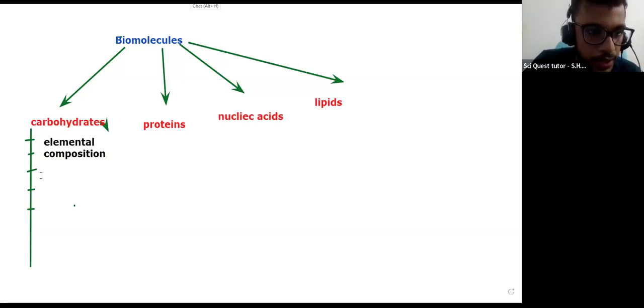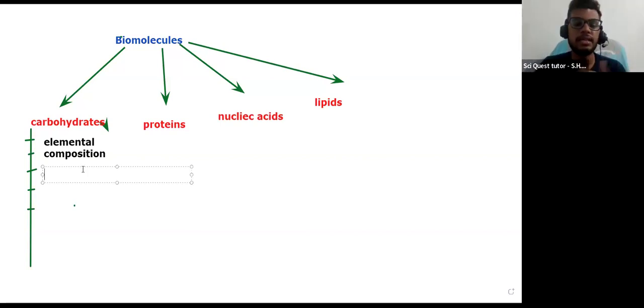Then the second part, students, after the elemental composition: what you all need to understand is especially the functions and the importance of carbohydrates. What is the usefulness of carbohydrates in the living environment, or to the existence of life, especially to humans, plants, or animals?